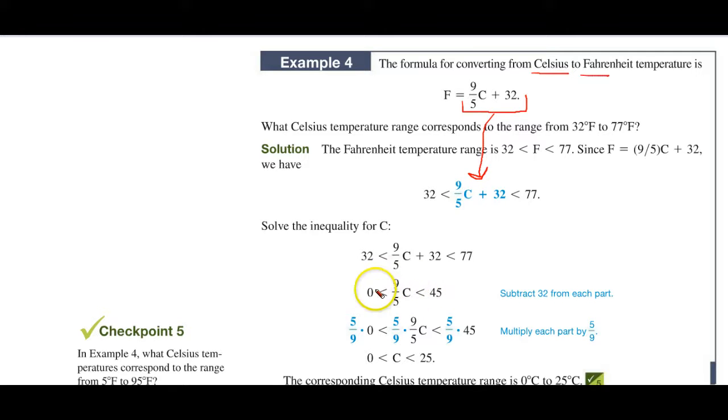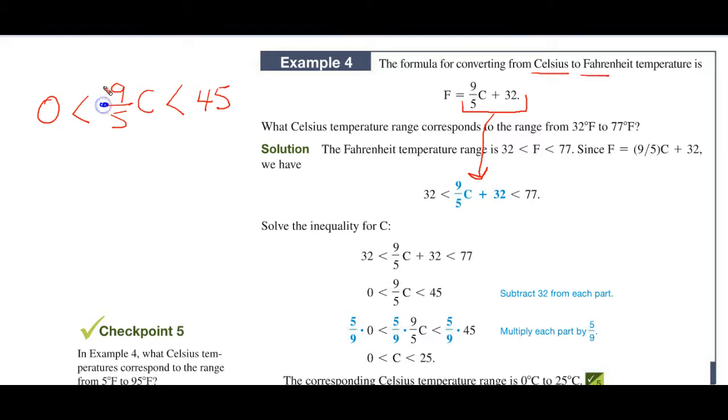Now, let's pick it up from here. Now, we want to solve for C in the middle. So, a technique that you may or may not recall, how do we get rid of 9/5 and make it a 1?